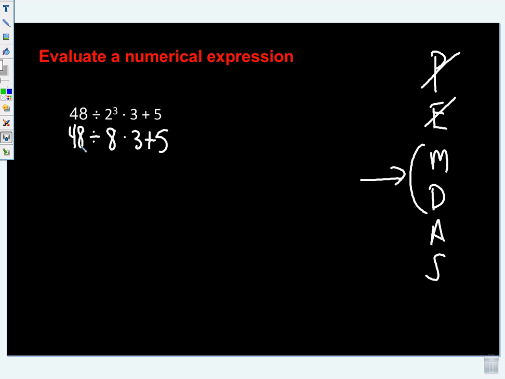So looking at 48 divided by 8 first, that should give us a total of 6 when it's evaluated. And if you leave the rest of the expression, now we can multiply 6 times 3, of course, giving us 18. Still have to add 5 to finish evaluating the expression, giving us a total of 23.